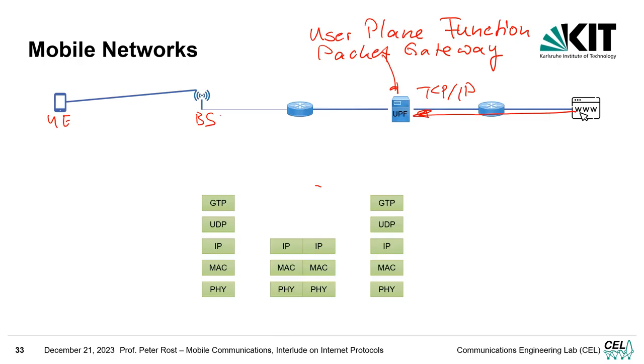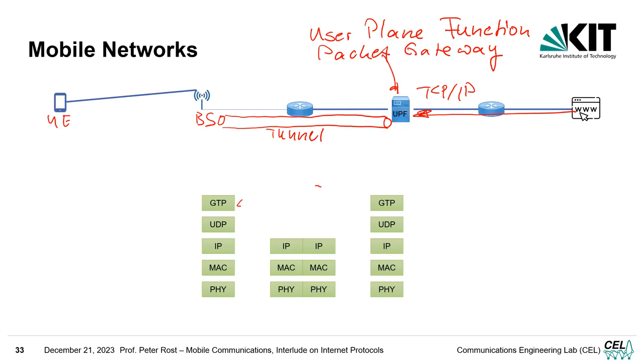And between this base station and the UPF, we have a so-called tunnel. Yeah, so that's kind of a pipe where you can put in the data, and you will know, okay, this data will be delivered then to the base station.